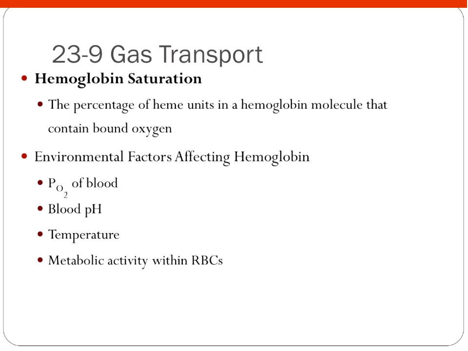Temperature, same sort of thing with pH, and we're going to look at some things that determine how high the affinity of hemoglobin is for oxygen, depending on what that temperature is. And then also metabolic activity within the red blood cells. That directly relates to what we talked about a second ago as far as the pH of the blood and the hydrogen ions that are available there. It's kind of the chemistry behind what's going on.